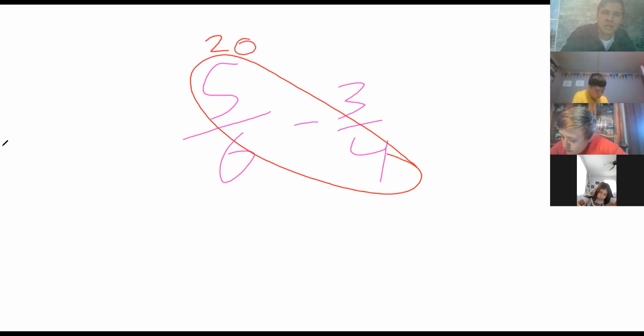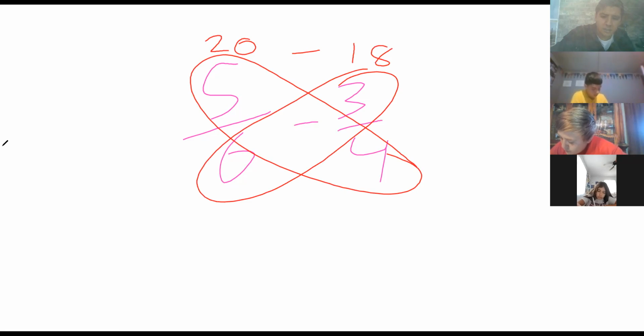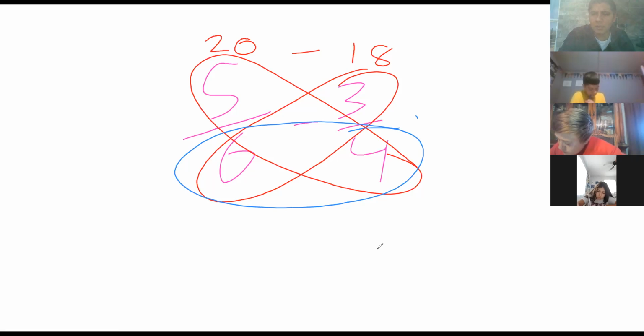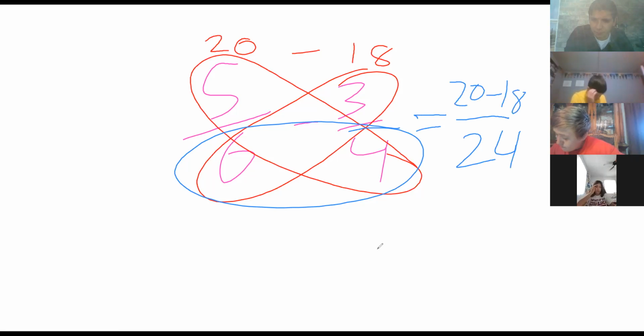And then the next ones are 3 and 6, right? So that gives us 18. And then we are going to multiply the bottom two numbers. So 6 times 4, which is 24. And then we have 20 minus 18, which is 2. So 2 over 24.